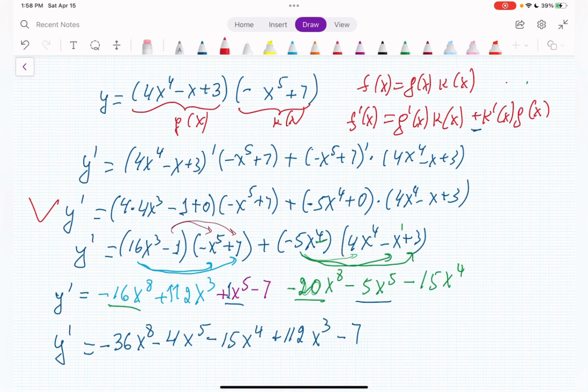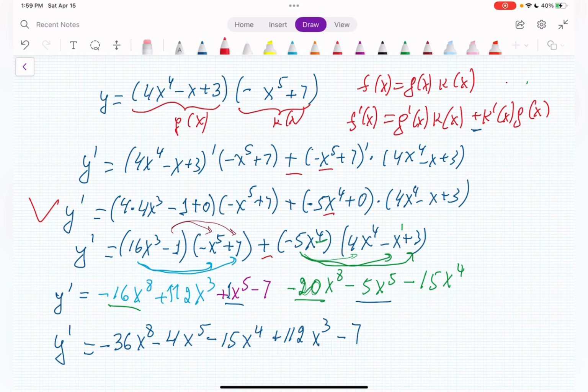So let's take it. Derivative of 4x to 4 is going to be 16x cubed, correct. Derivative of x is 1, minus 1, and derivative of 3 is 0, times negative x to 5 plus 7. Plus, the derivative of negative x to 5 is negative 5x to 4, and derivative of 7 is 0, so times 4x to 4 minus x plus 3.